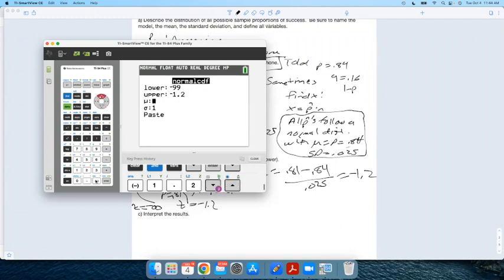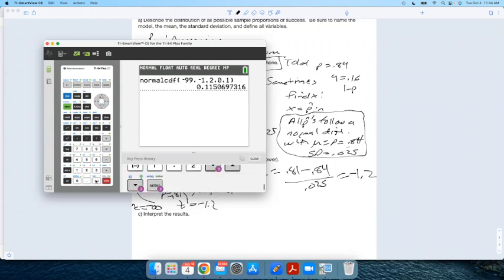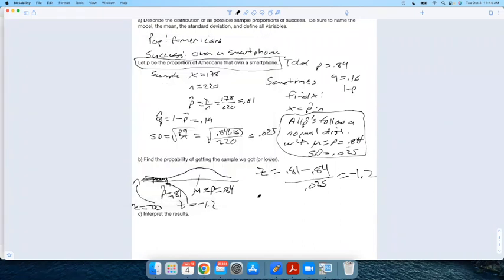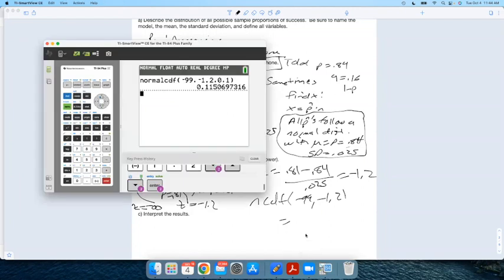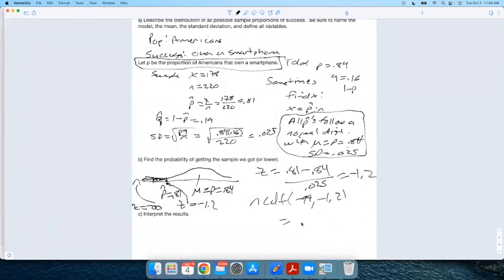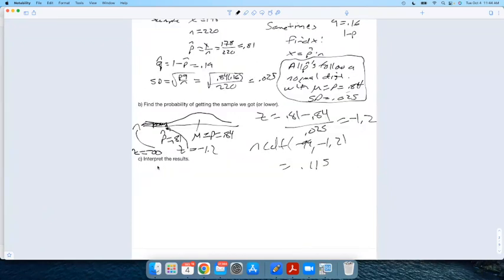Leave these two alone. So normal CDF of negative 99 to negative 1.2 was, I've already forgotten, 11.5%, 0.115. Okay, I've just run out of space there.